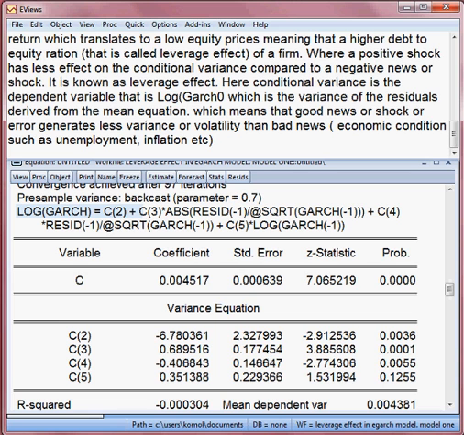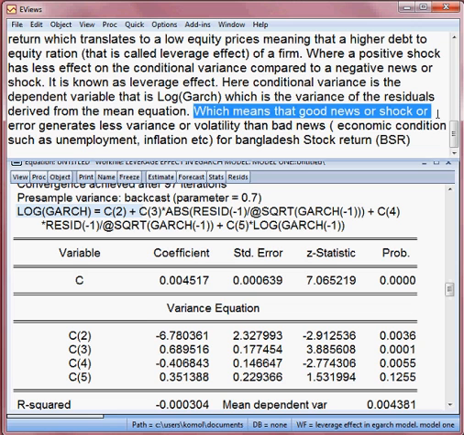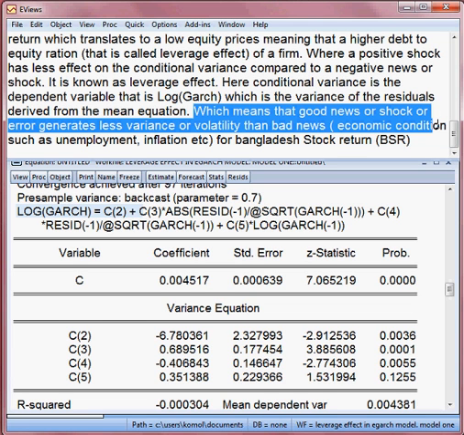Those are bad news for the Bangladesh stock return, that is BSR.